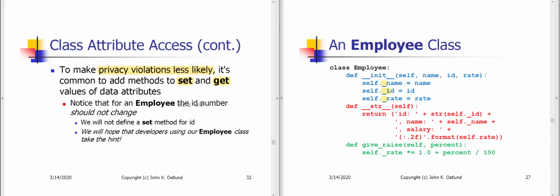Now, in one of the data attributes, okay, remember that for our current implementation, each employee object has a name and an ID number and a rate. People's names can change.